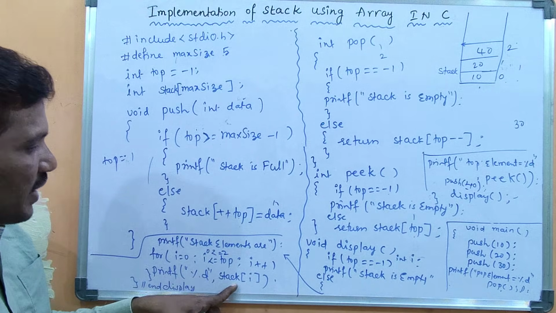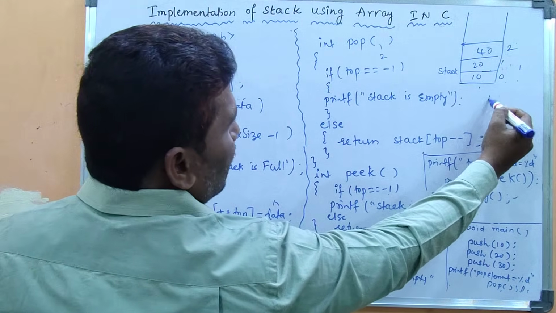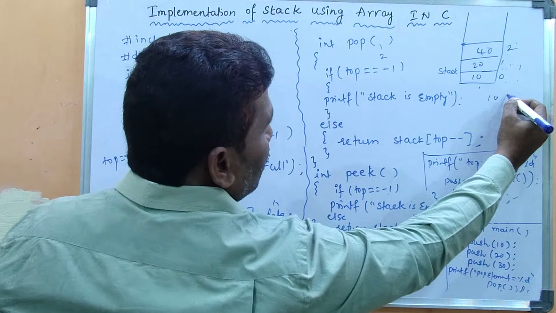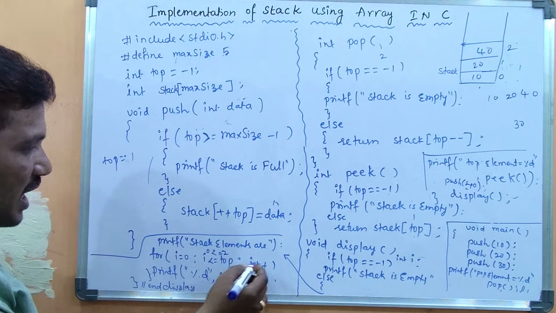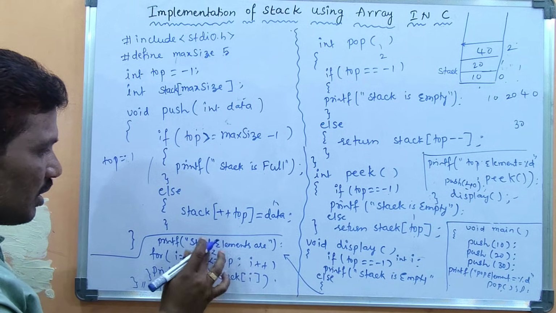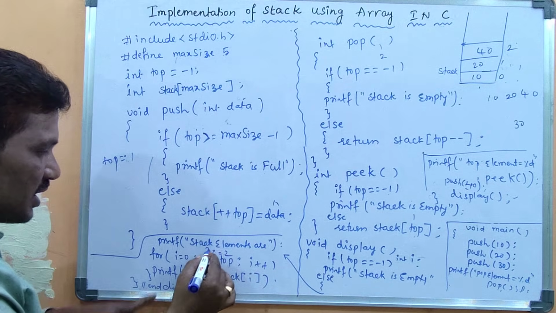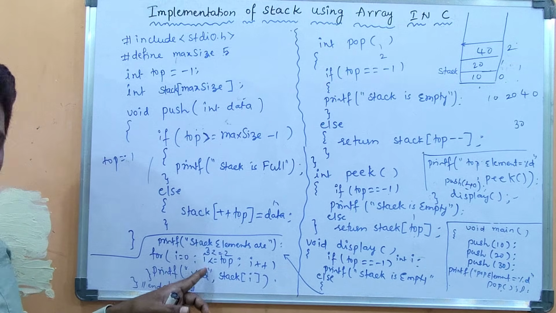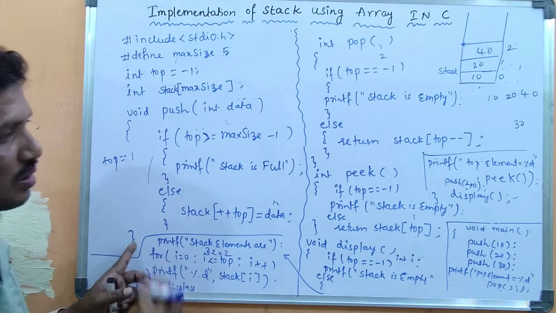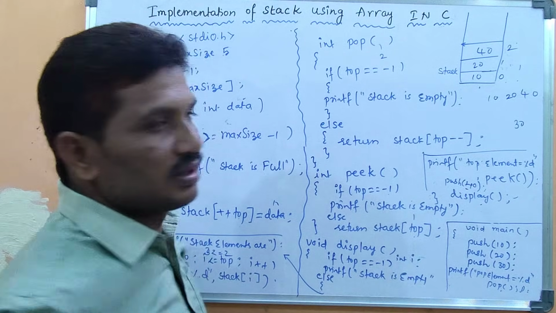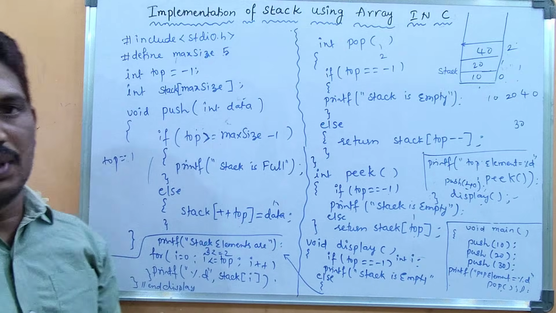Then stack of 0 is what? 10. Like that 10, 20 and 40 will be displayed. Whenever the I value becomes 3, the condition 3 less than or equal to 2 is false. The for loop will terminate. Then control will come back to the main method. The program will be terminated.